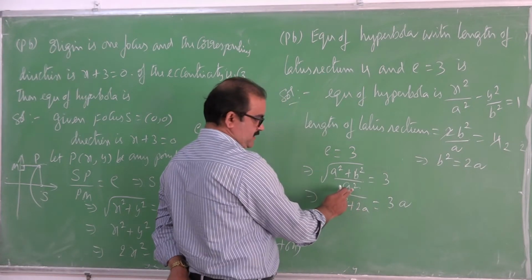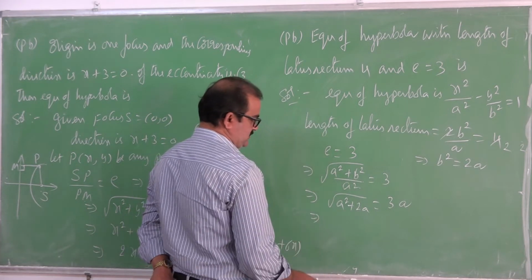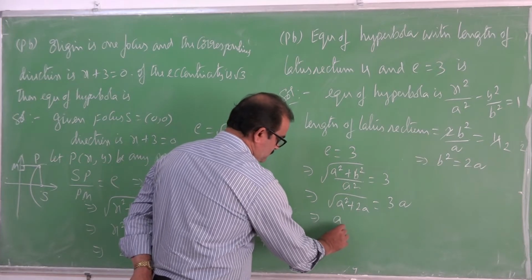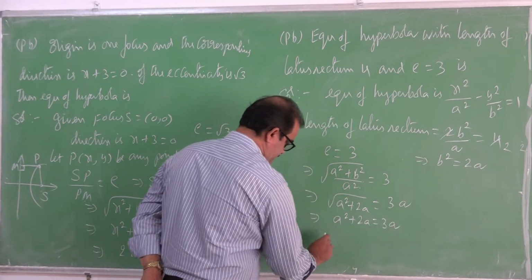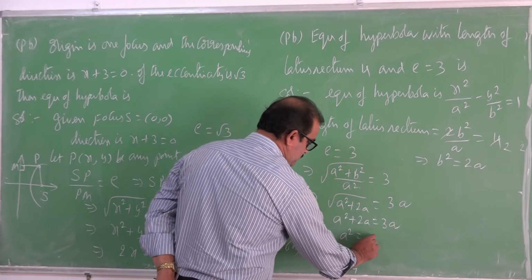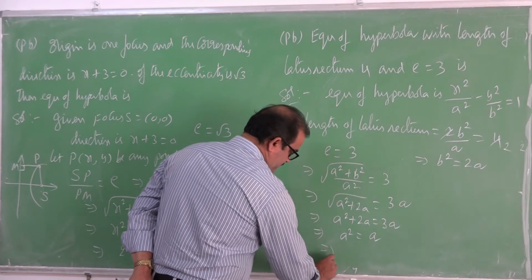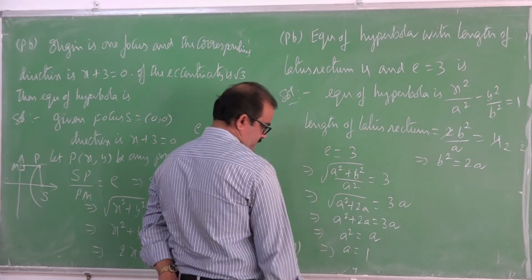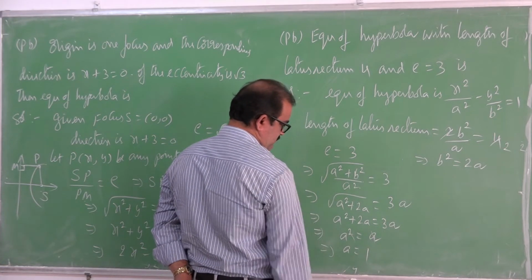Squaring on both sides, a squared plus 2a is equal to 3a. Here a squared is equal to 3a minus 2a, a. From this a is equal to 1.